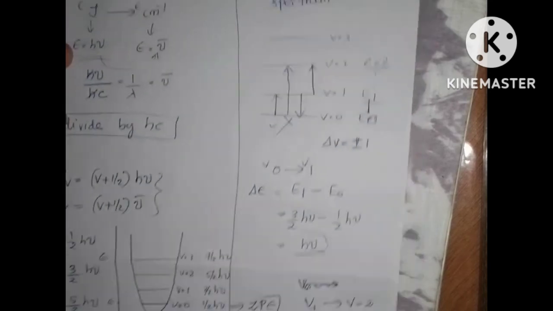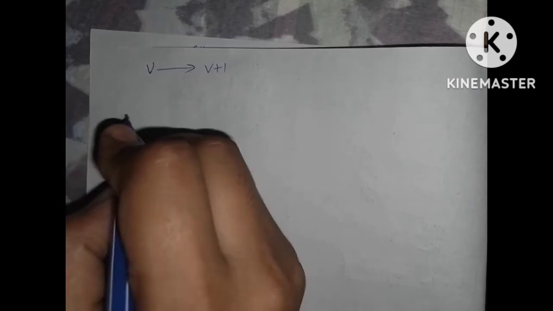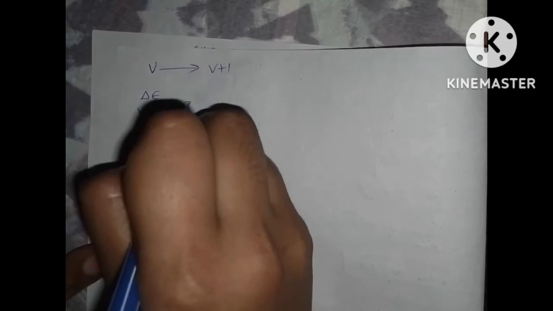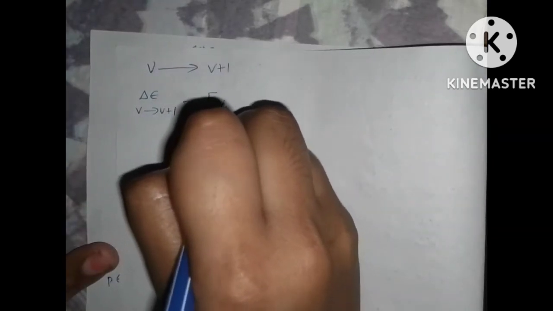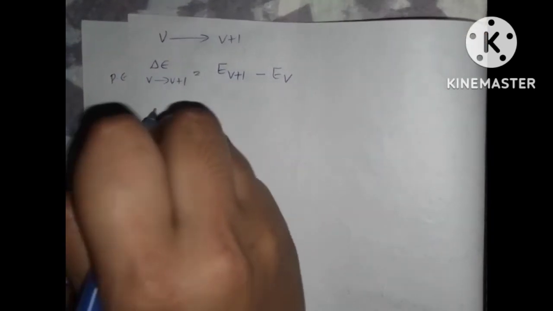Also we can state it as a general case of transition from V to V plus 1. How do we find the energy needed for the transition from level V, any V, we don't know the value of V, to just one level up, V plus 1? It will be equal to the energy of V plus 1 level minus the energy of Vth level.